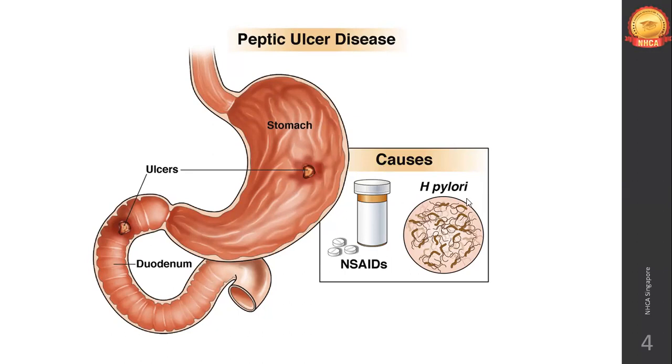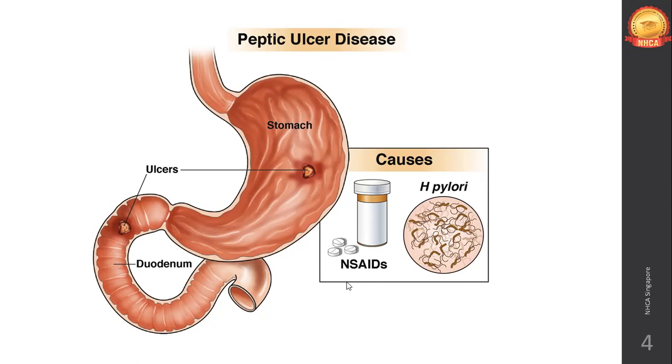So the causes. The main cause of peptic ulcer is either a Helicobacter pylori infection, H. pylori in short. That is one of the main causative agents. The second situation is taking a lot of non-steroidal anti-inflammatory drugs.